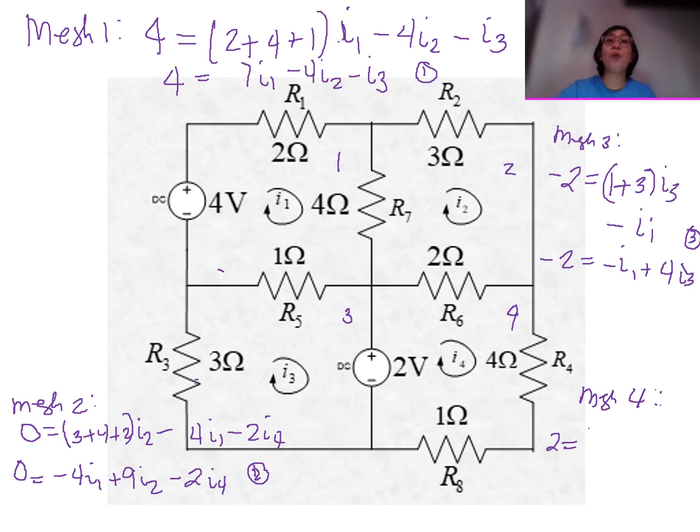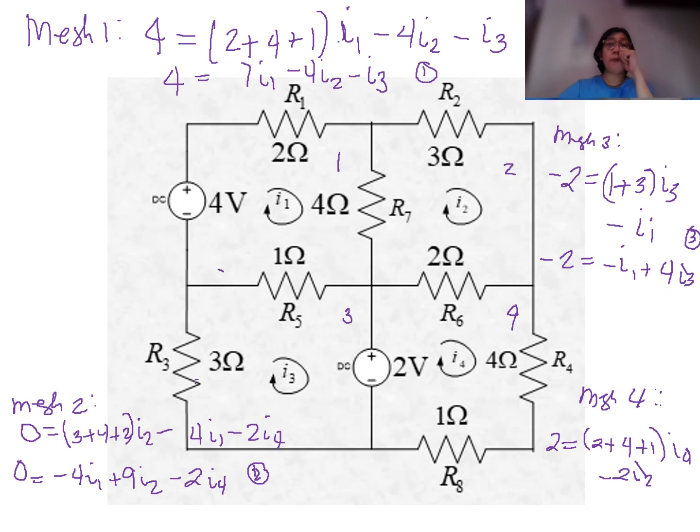So we have here 2 plus 4 plus 1. And that is I4. Okay? Minus, we have your 2 ohms resistor here, which is also connected across your second mesh. So you have here minus 2 I2. Okay?